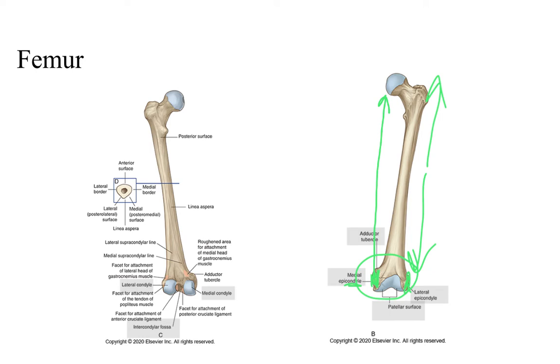And if you know the head of the femur is always medial, then this has to be the medial epicondyle. And if you take the lateral and go up and hit the greater trochanter, and you know that the greater trochanter is always lateral, then you know that's a lateral epicondyle. Right, another way to look at this is indicated by this small picture right here.